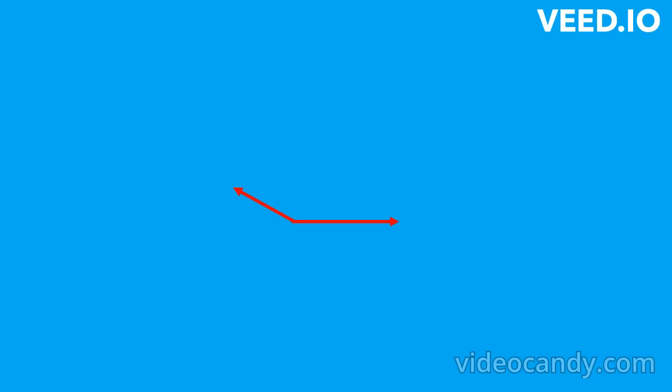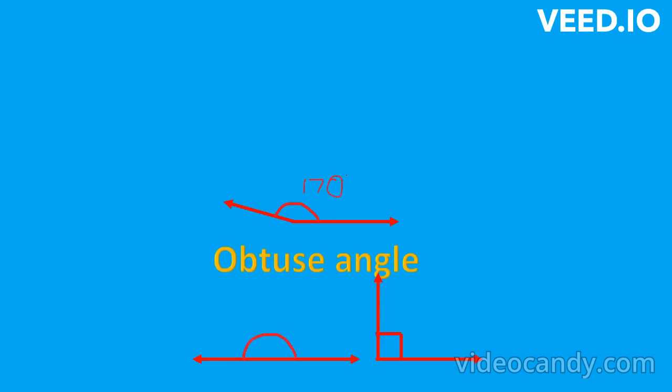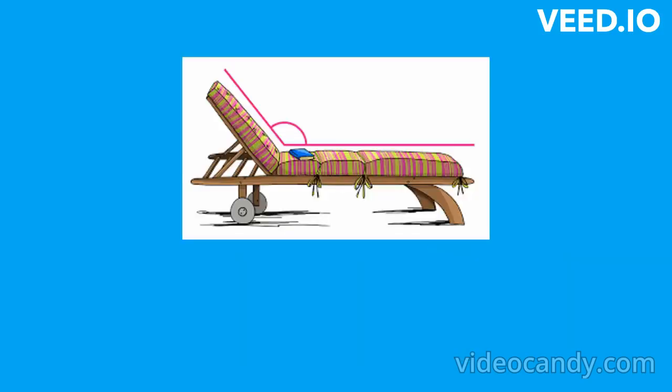But not to a straight angle. Let's not make it straight. Let's not make it 180. So this one is an obtuse angle. It can be, say for example, 170 degrees. So an obtuse angle is an angle between the right angle and the straight angle. So it is between 90 degrees and 180 degrees.